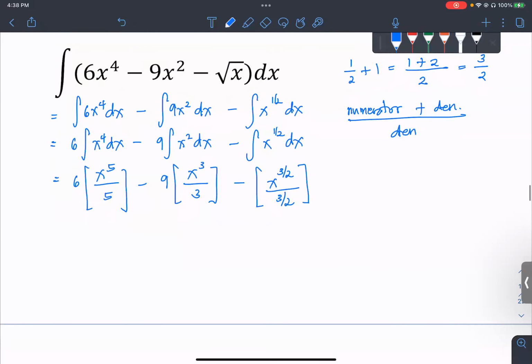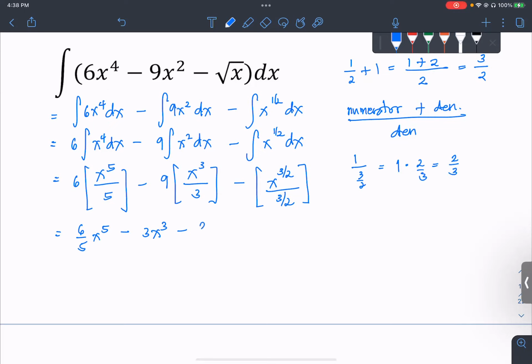Okay? O ngayon, combine mo na lang. 6 times 1/5 is 6 over 5, x raised to 5. And minus 9 divided by 3, 3, x cubed. And minus, paano yung 1 all over 3 over 2? Di ba this is the same as 1 multiplied with the reciprocal of 3 over 2, which is 2/3. So that makes it 2 over 3.